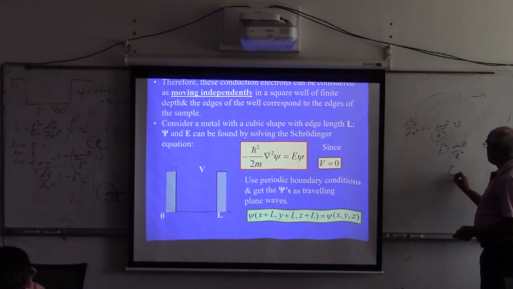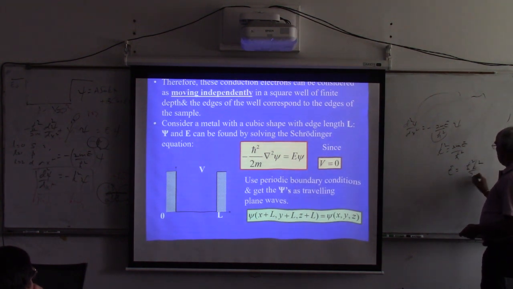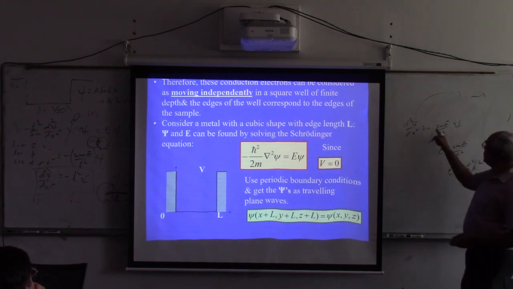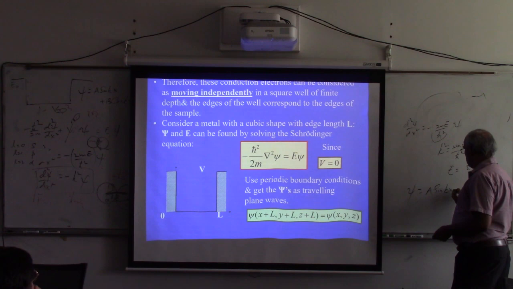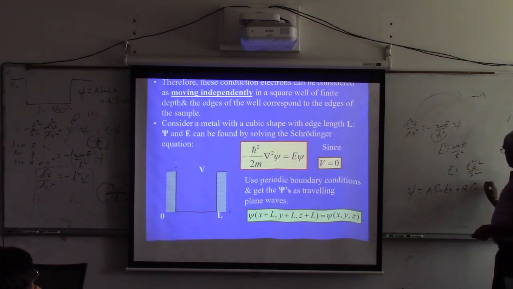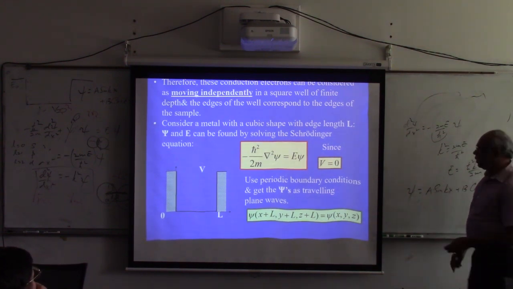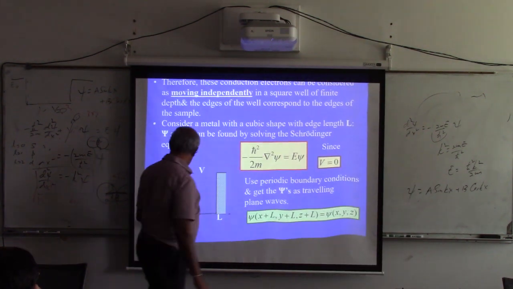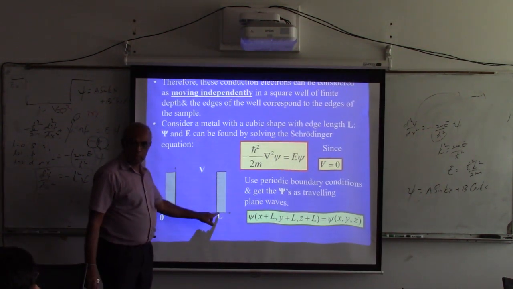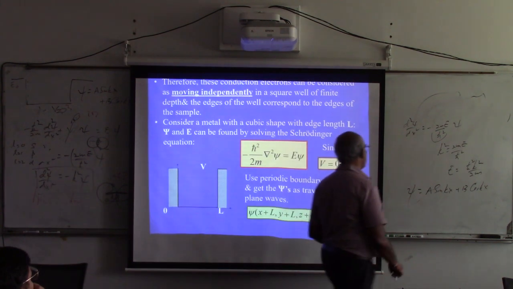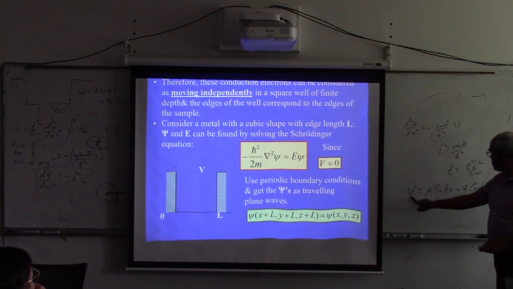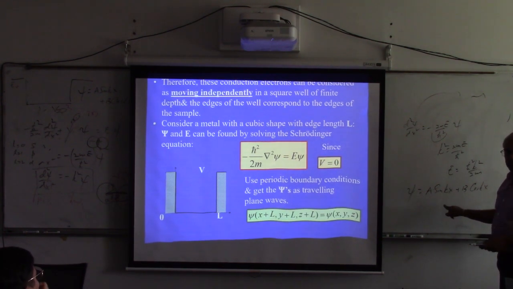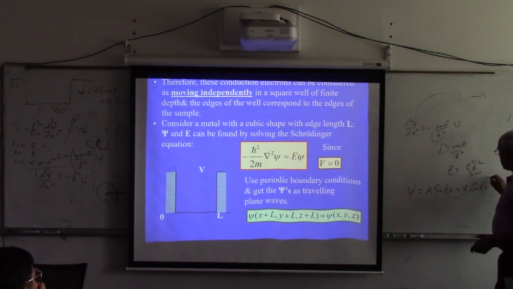This is important. That means E is given by h bar squared k squared over 2m. The solution you can write as a sine kx plus b cosine kx. The wave function here and here is going to be 0. So at x equals 0, the wave function is 0, which means b is 0, so the cosine term becomes 0.